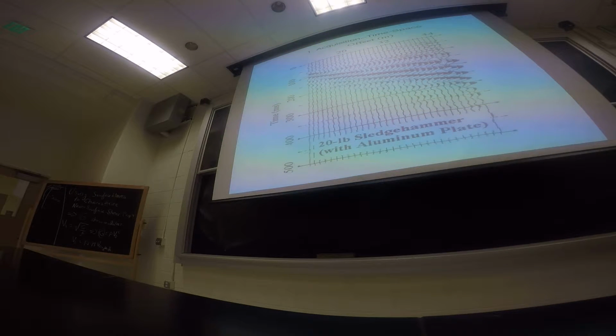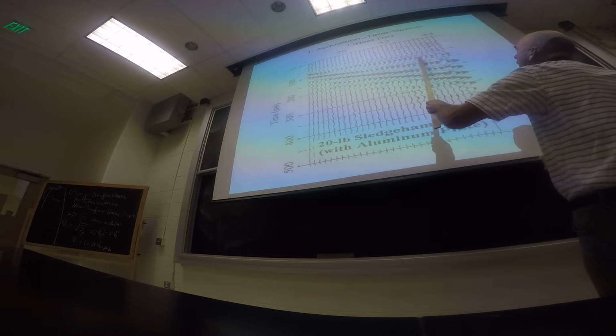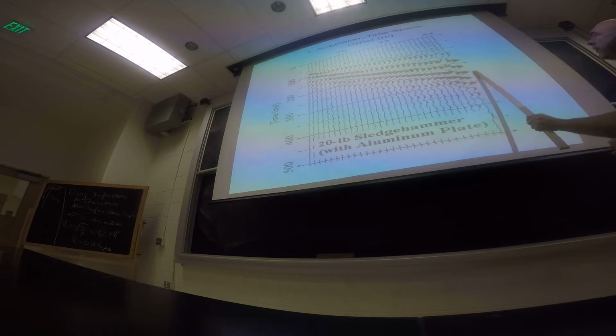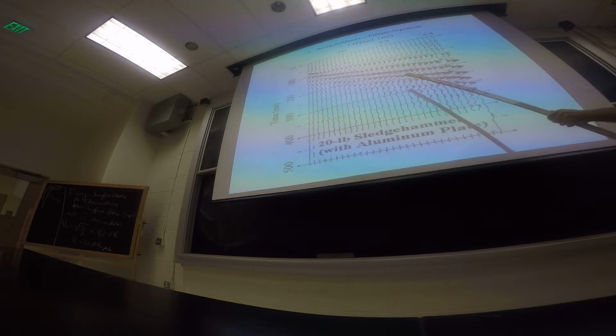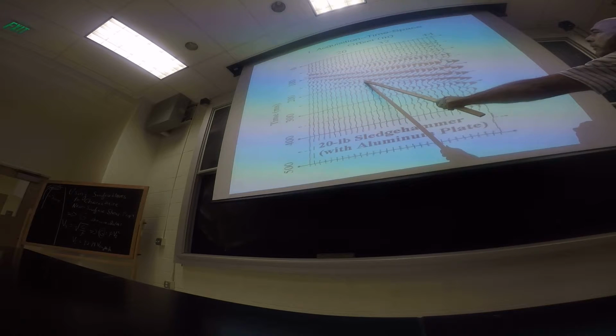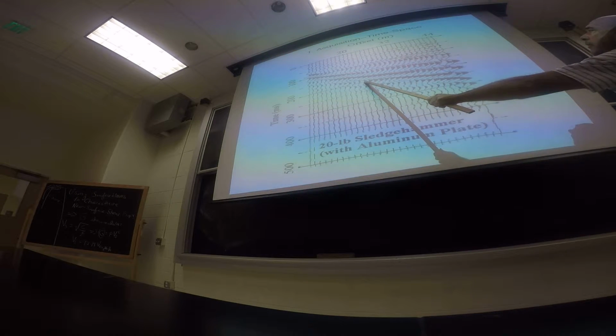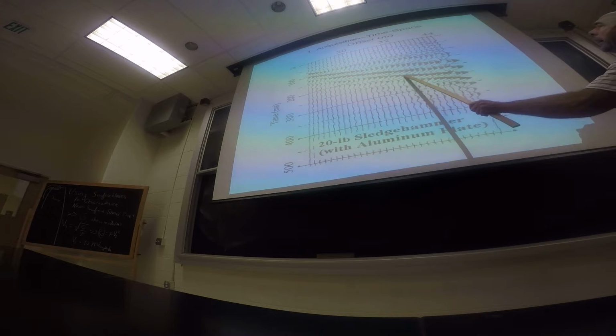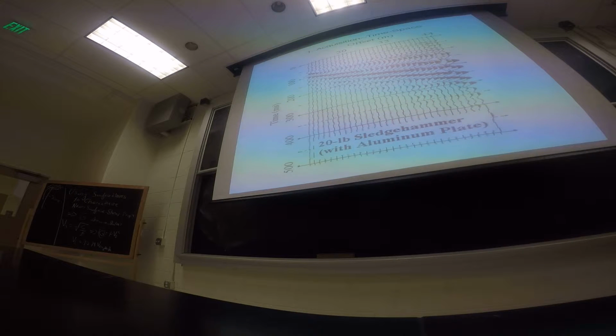So this wave is traveling at 600 meters per second. This other wave is traveling from 22 meters to 44 meters over 50 milliseconds. So 22 meters divided by 0.05, 2200 divided by 5, which is about 400 meters per second.